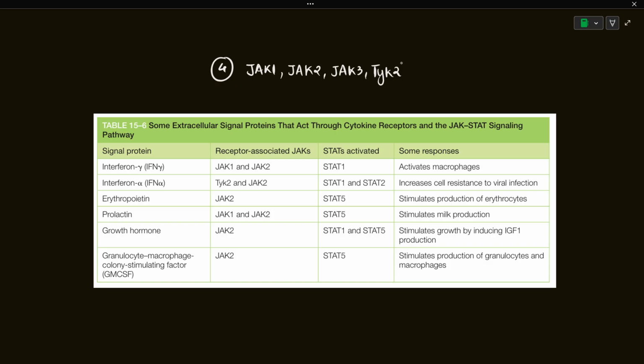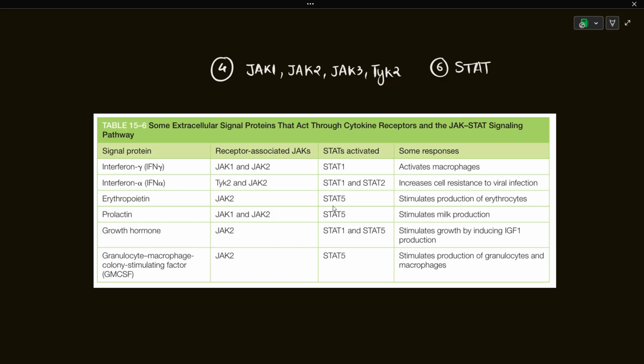So these are the four different types of Janus kinases that can be seen in biological systems. And at least six different types of STATs exist in mammalian cells.